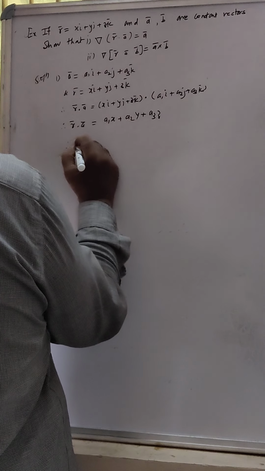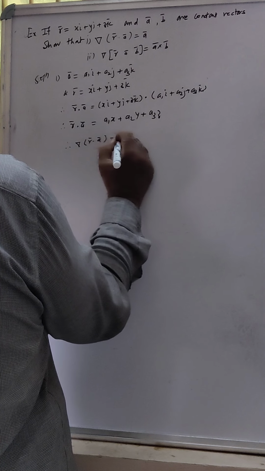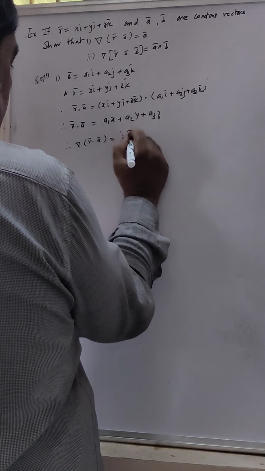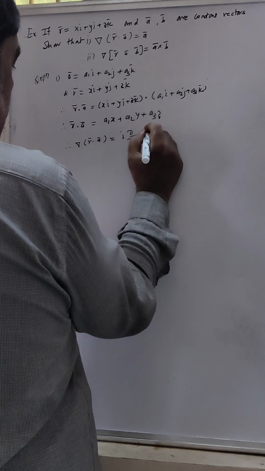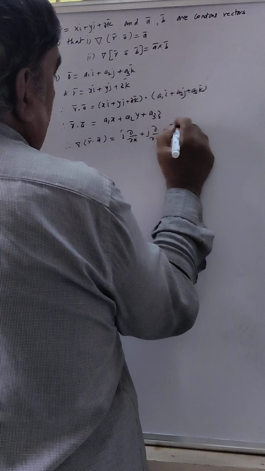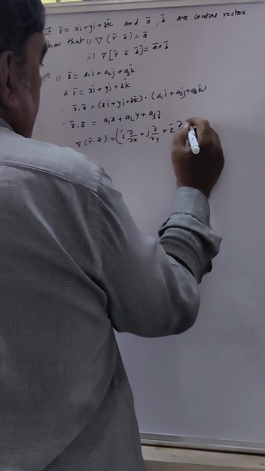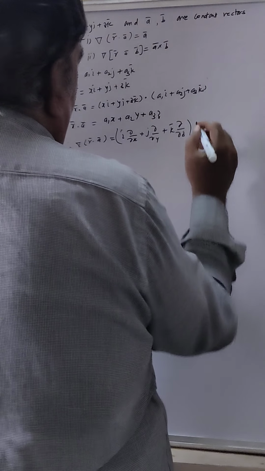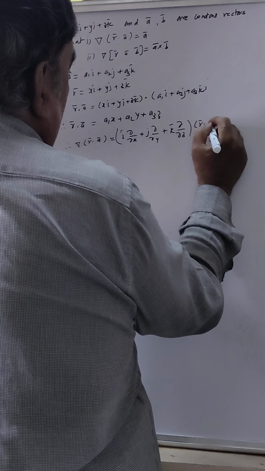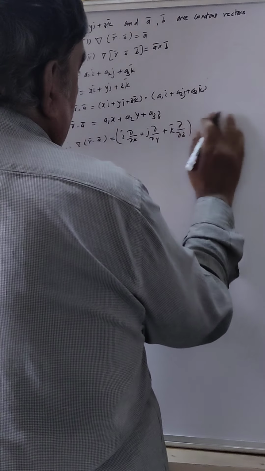Therefore del of r vector dot a vector is equal to i vector del by del x plus j vector del by del y plus k vector del by del z of r vector dot a vector, that is a1x plus a2y plus a3z.